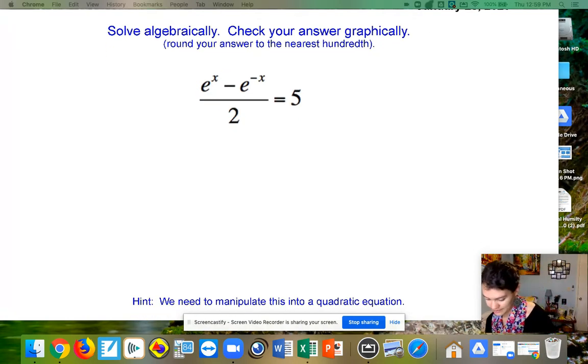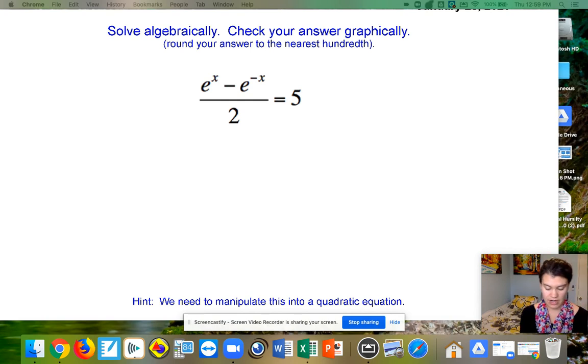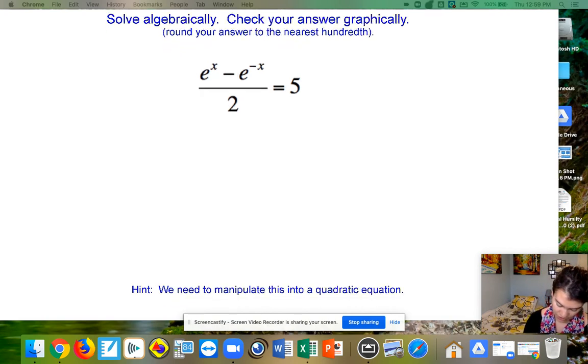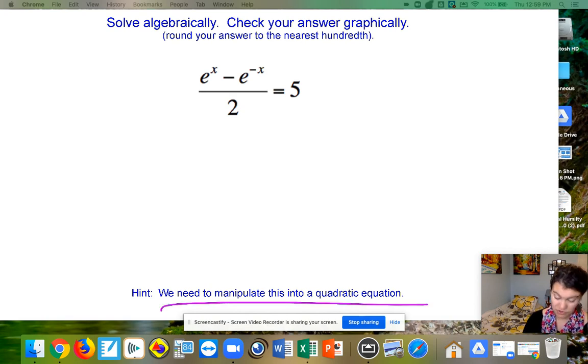So looking at this, we have e to the x minus e to the negative x, over 2, equals 5. So we need to manipulate this to get some sort of e to the 2x like we had before so we can factor it. So I'm going to start by multiplying by the 2. So e to the x minus e to the negative x equals 10. Bring that 10 over.